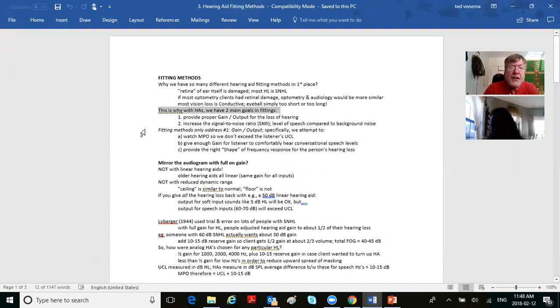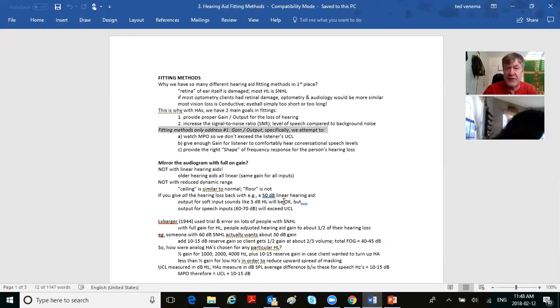Okay, fitting methods only address goal number 1. It's very important to realize that. Fitting methods are only talking about how much gain to provide. Fitting methods do not, repeat, not talk about signal to noise ratio.